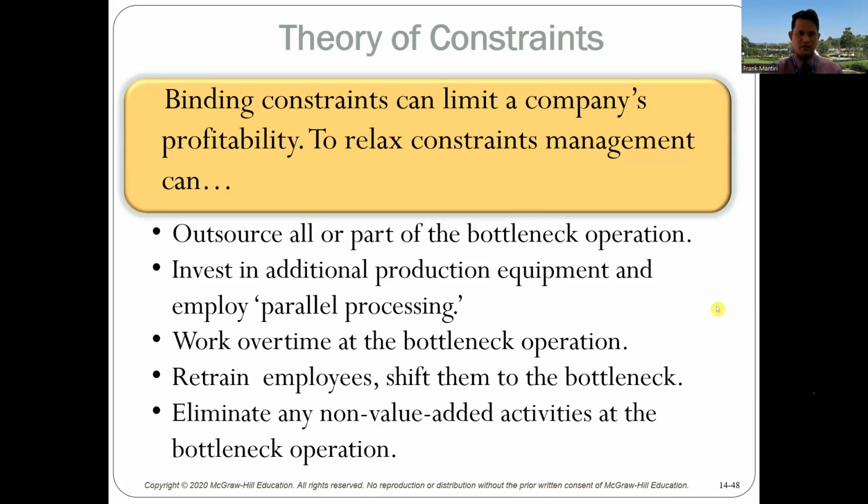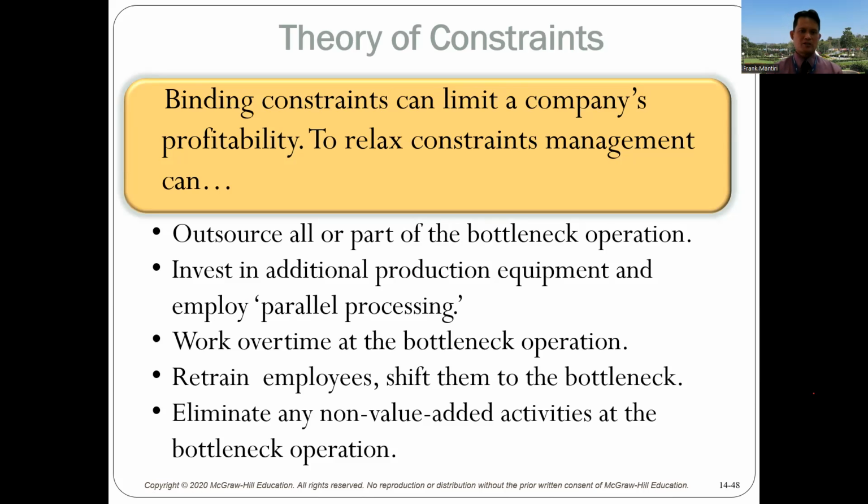That is one strategy. The second one is to invest in additional production equipment and employ parallel processing. So a manager can also buy or invest in more production equipment, or do some parallel processing. Okay, that's the second strategy.